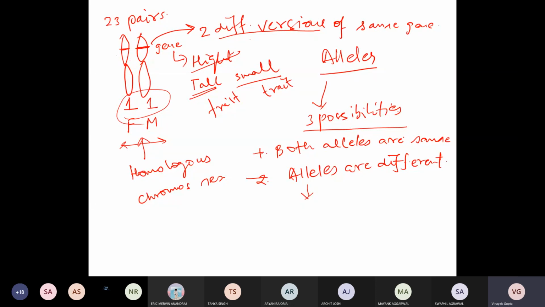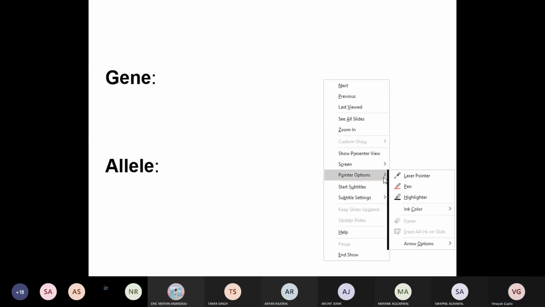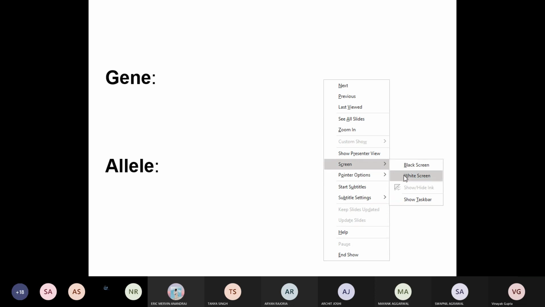And what are those terms? In context of allele itself, we are still discussing the concept of allele. Here there is a term which is called dominant and something called recessive.